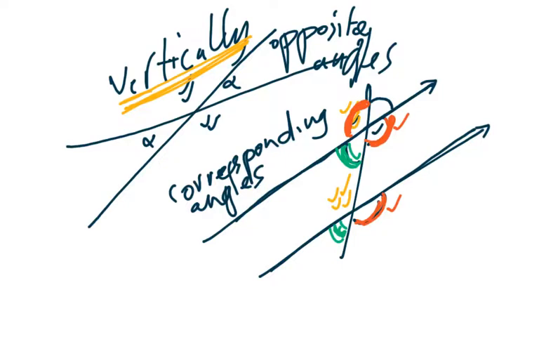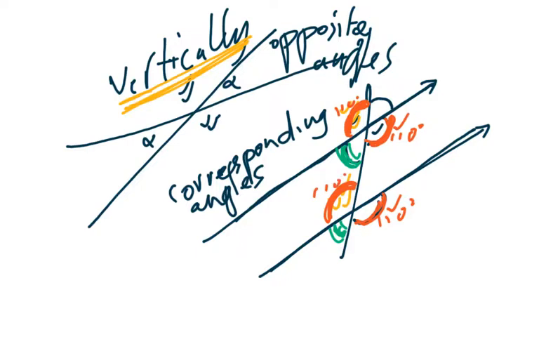That angle is vertically opposite to that. Therefore, it can also acquire a red color. Why? Because we know that vertically opposite angles are equal. So if this angle was 110 degrees, that would also be 110 degrees. That would be 110 degrees, and that would be 110 degrees.